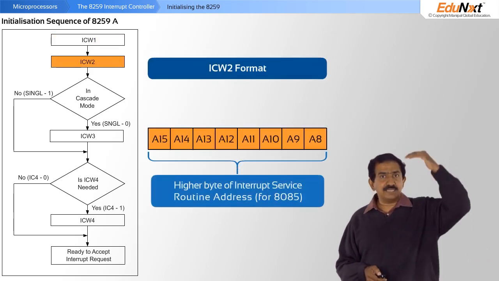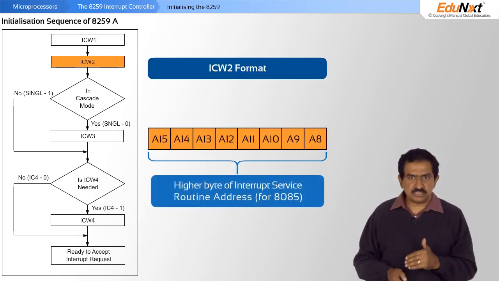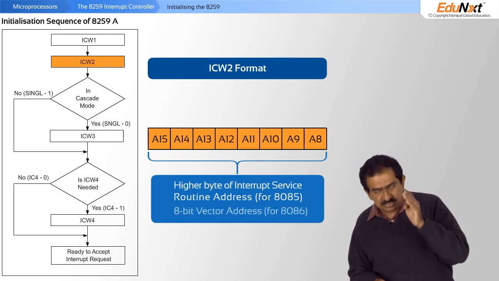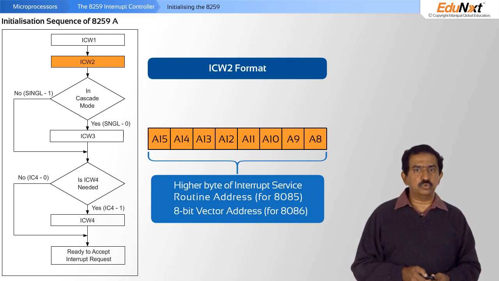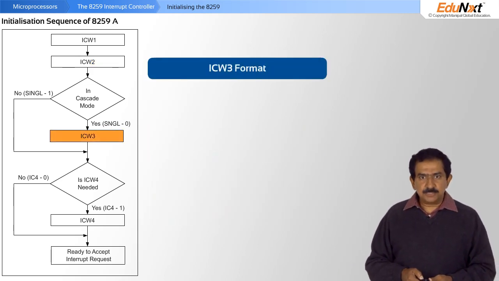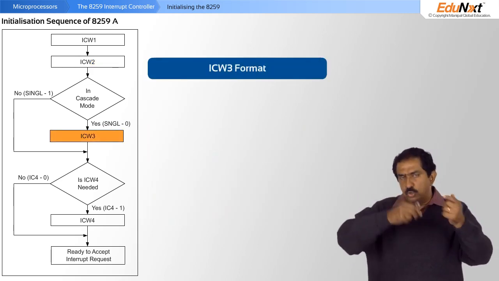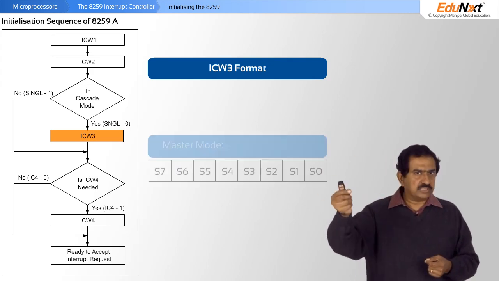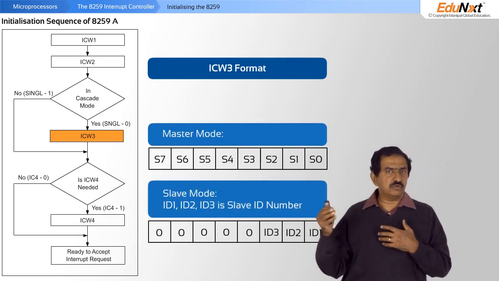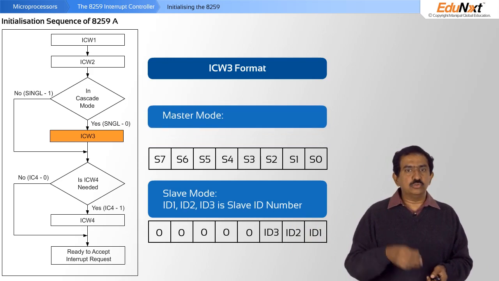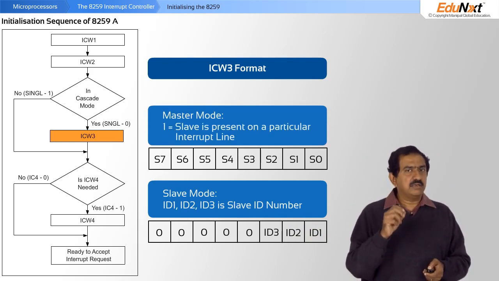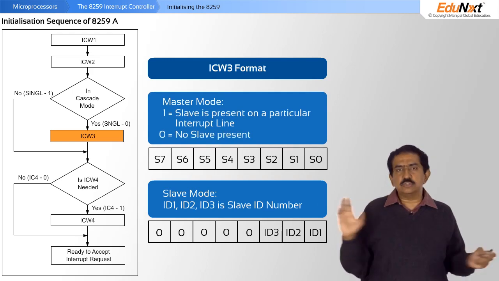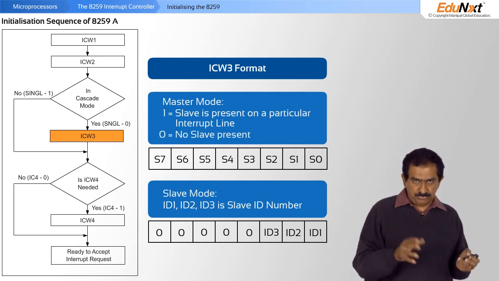ICW2 is the higher byte of the interrupt service routine address. So it is the 8-bit vector for the 8086 that gets stored in the ICW2. ICW3, here the programming that you have to do depends on whether it is a master or the slave. In the case of the master, it tells you that the slave is present on a particular interrupt line if it is 1, and if it is 0 it tells you that there is no slave present on that. What is the advantage?